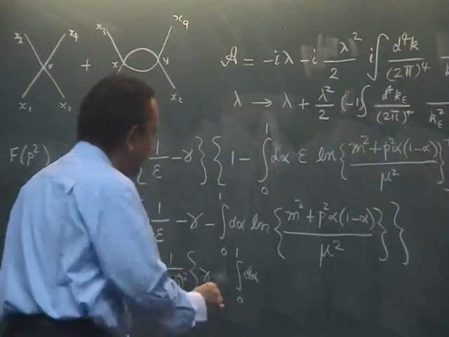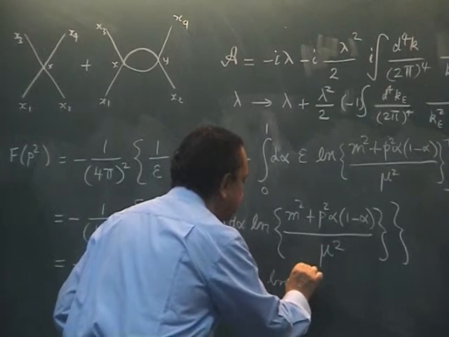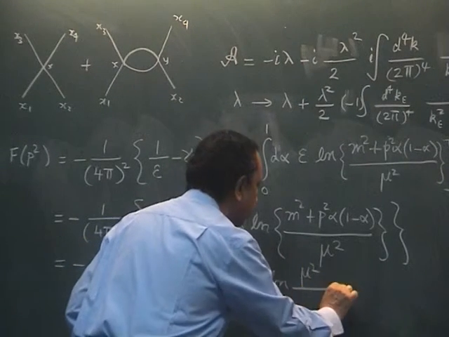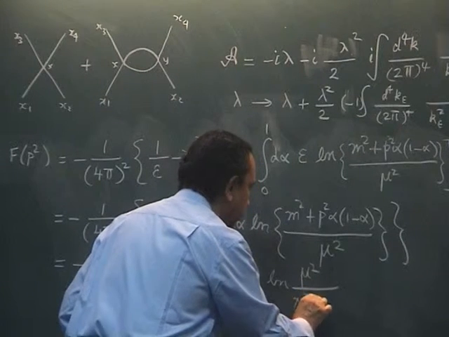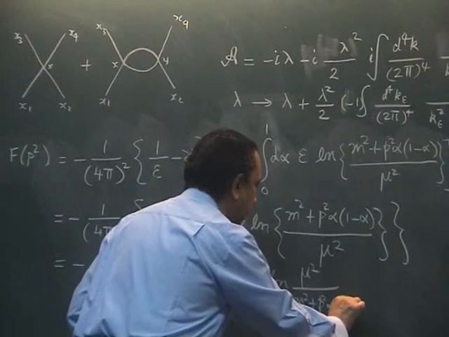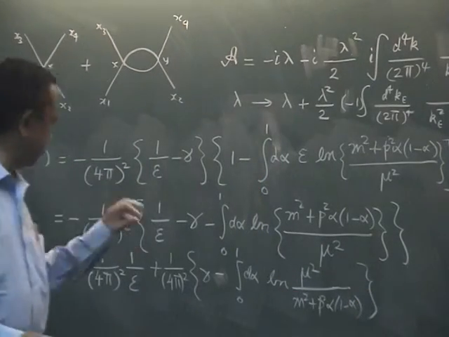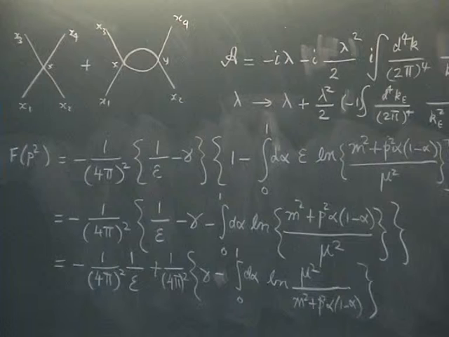Conventionally, this is written as 1 minus log mu on top, alpha into 1 minus alpha. Looks right to me, but let me just check. And this is the final answer. So there is going to be 1 upon 4 pi square gamma minus d alpha integral log.